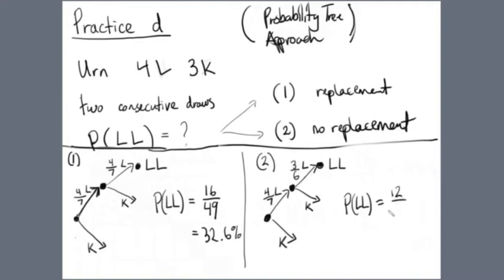Divide 7 times 6, that's 42. And this can be reduced, well, each of them are divisible by 6. So divide this by 6, we get 2. Divide this by 6, we get 7. So the probability of drawing 2 purples, given that we're not replacing, is 2/7, or, based on calculations, 29% chance.